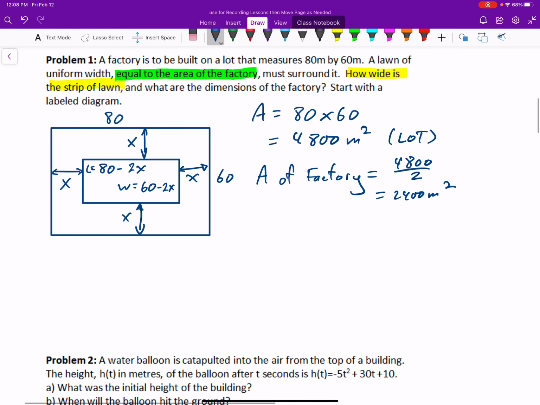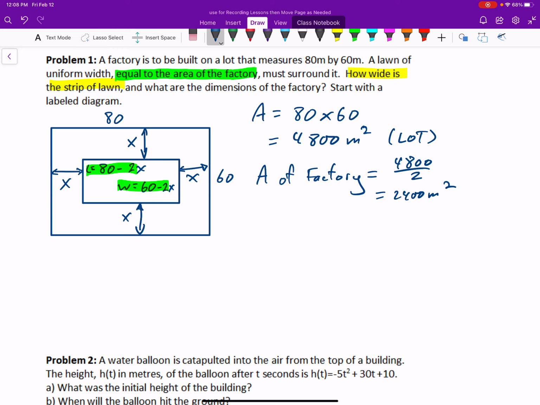Well, now we've got enough information that we can make up an equation and solve it. So I can just use these dimensions here, since they involve everything we need. We know the length, we know the width, we know the area of 2,400 of that inside box. We can create an equation and solve that for x.